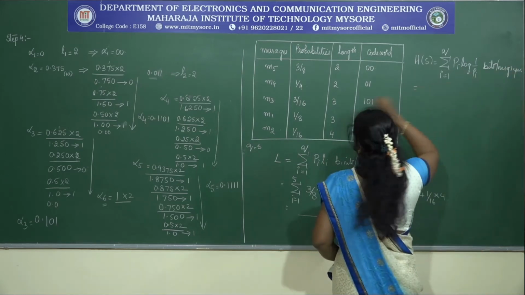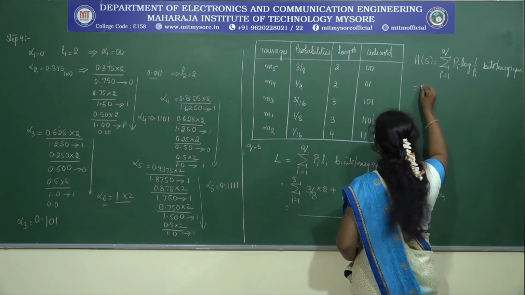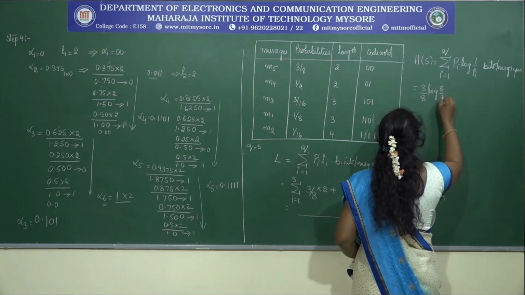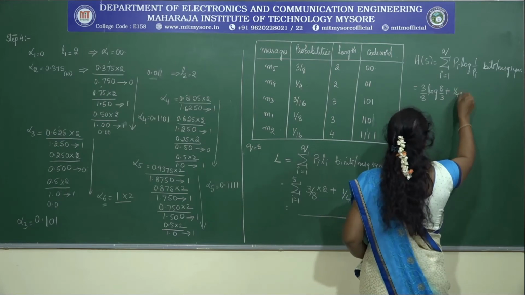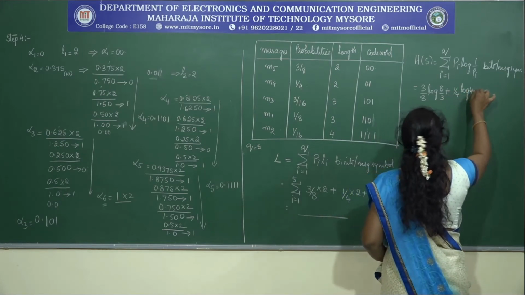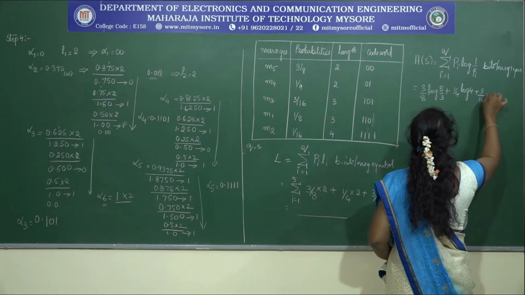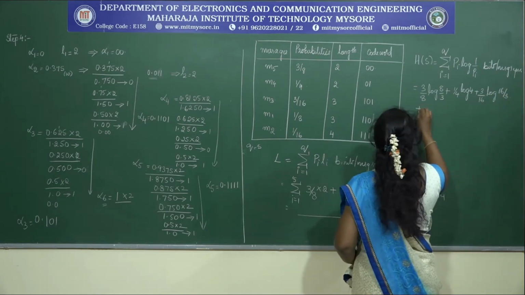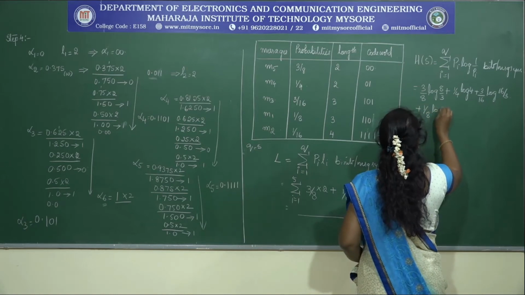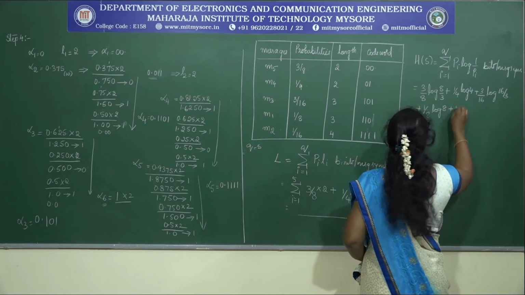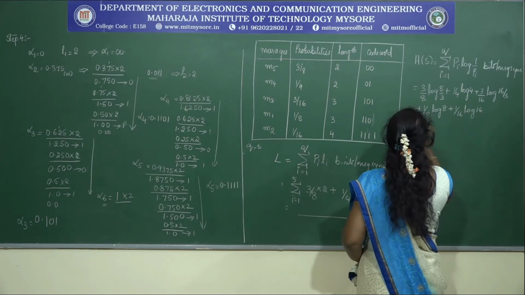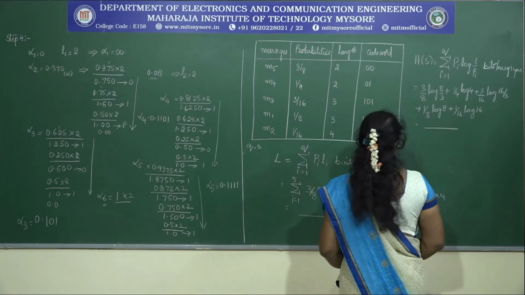Now we know all the probabilities. So it is 3 by 8 log of 8 by 3 plus 1 by 4 log 4 plus 3 by 16 log of 16 by 3 plus 1 by 8 log 8 plus 1 by 16 log 16. If we simplify this, you will get H of S.